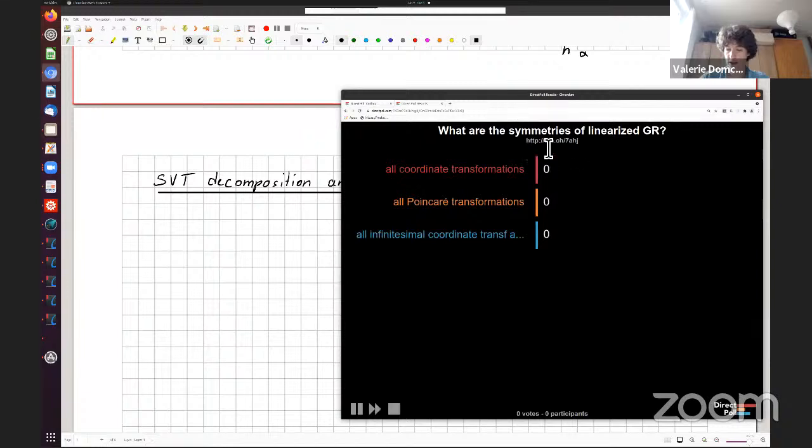Otherwise, you can enter again this link here. Don't think about it for too long. This is just to give me a feeling of where you stand. The question is: what are the symmetries of the linearized version of GR that we are in the process of deriving? Linearized means that we kicked away all the order h squared terms and whatnot.